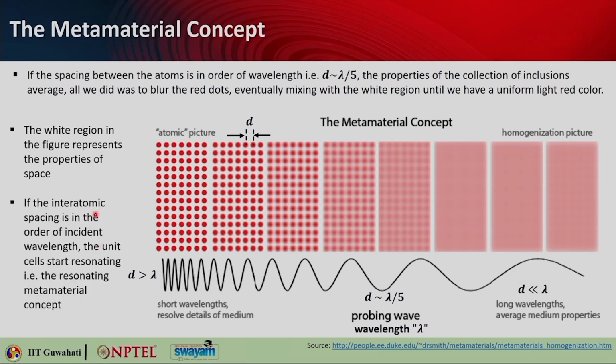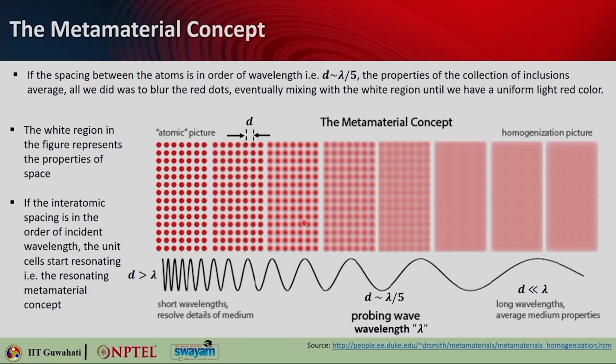If the interatomic spacing, that is d, is in the order of the wavelength of light, the unit cells will start resonating. That is the concept of resonating metamaterial. That means each of these meta atoms will be a resonating structure.